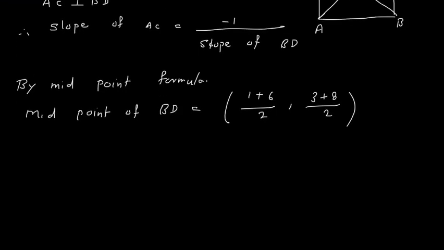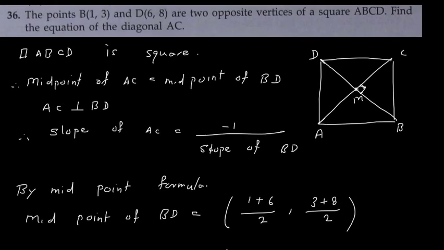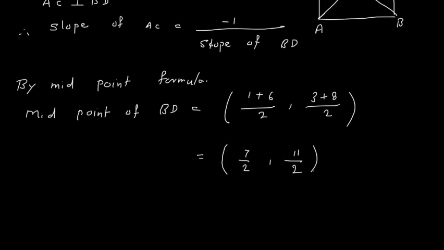So the midpoint of BD is 7 divided by 2, comma 11 divided by 2. This is the midpoint of AC also. Therefore the midpoint of AC, which I have named M, has coordinates (7/2, 11/2).